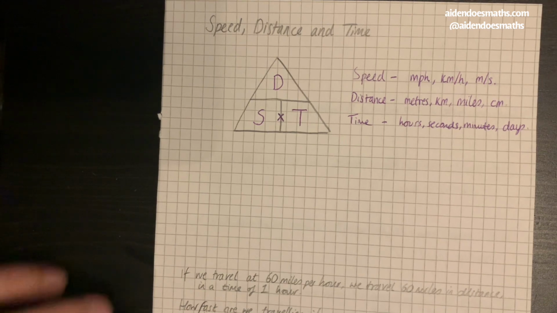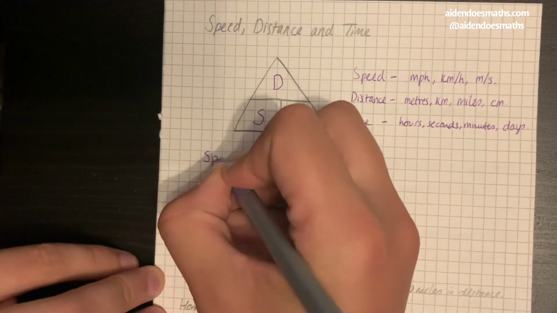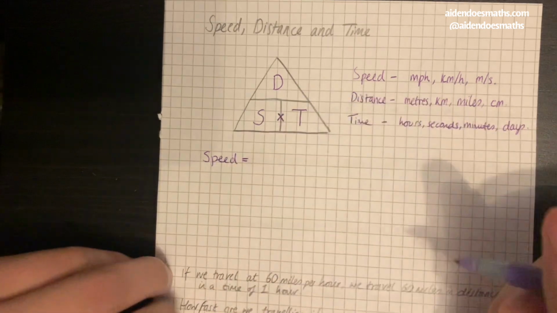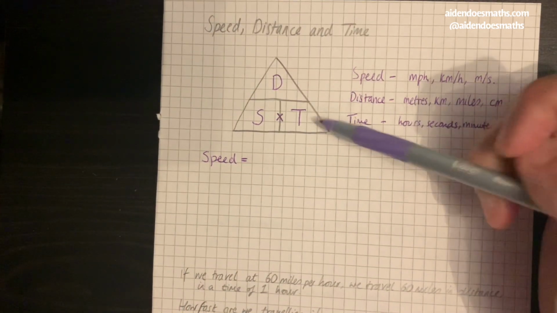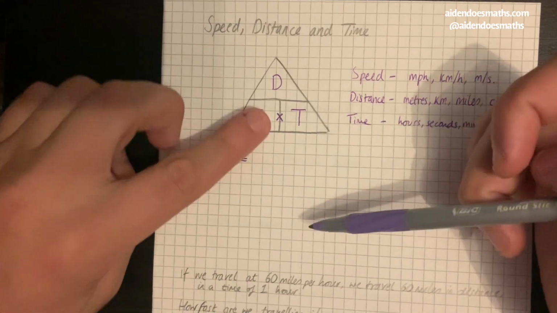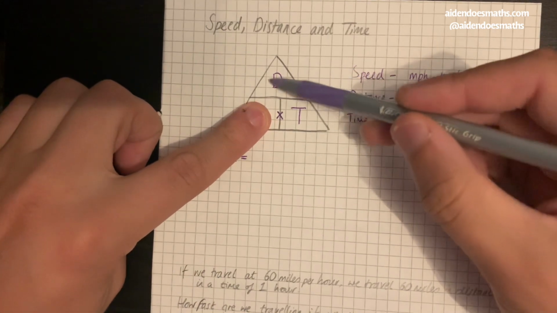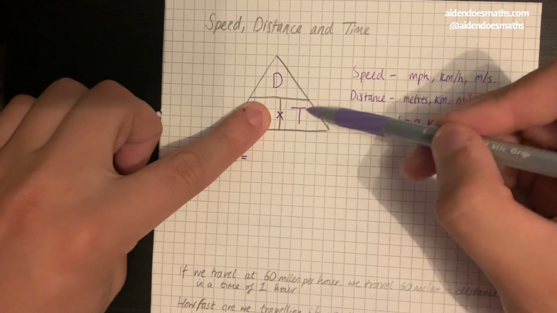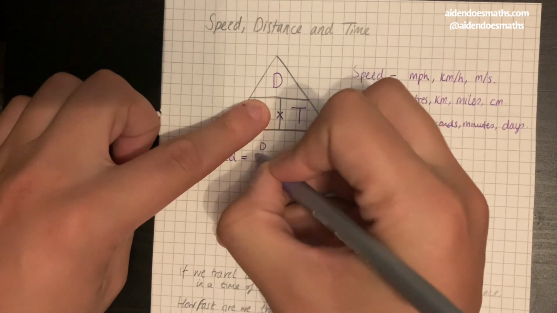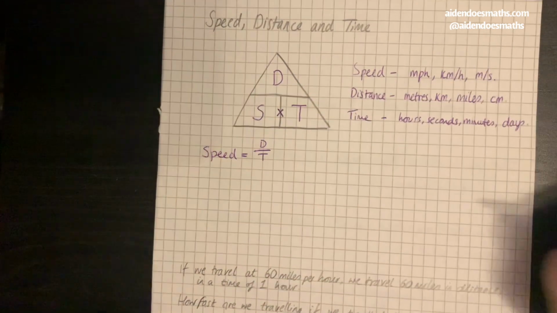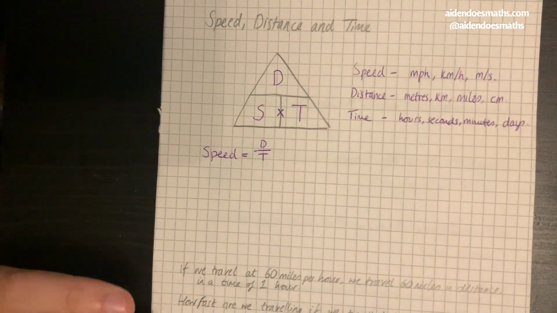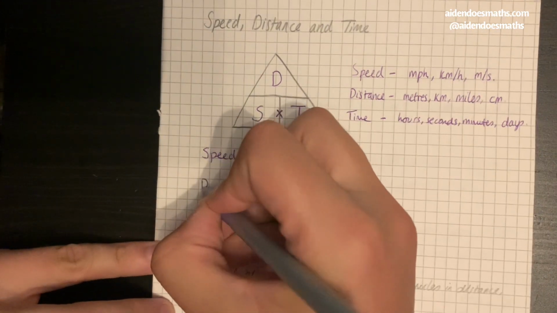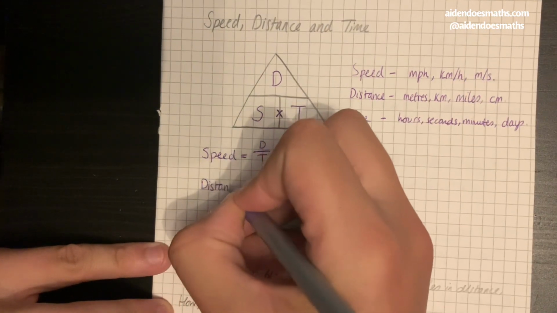For example, if we're looking at what speed is in terms of distance and time, we're using something called the cover-up method. If we're looking for speed, we put our finger on speed, and it shows us distance over time. Now we can work out the same equation using the same three variables, but this time with distance as what we're trying to make.